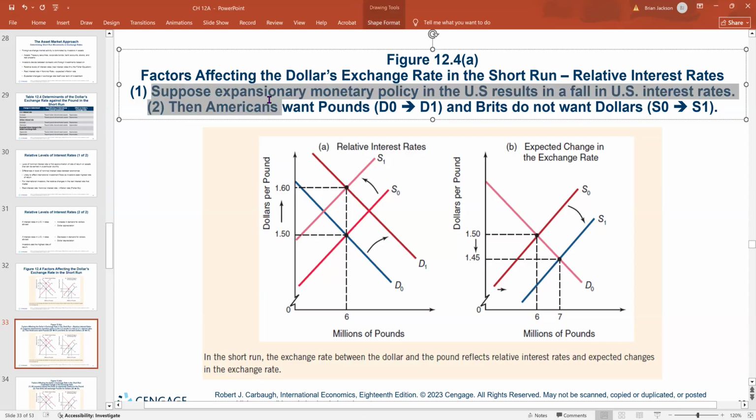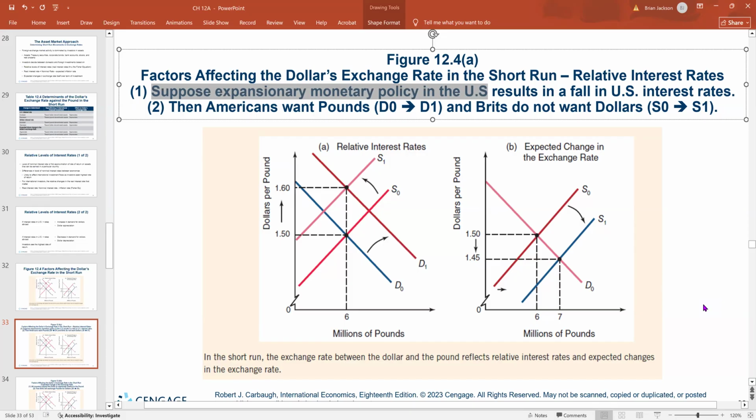Suppose there's an expansionary monetary policy in the U.S. Again, I said this earlier, but short-term movements like overshooting, especially in exchange rates, we'll talk about in a little more detail in a minute, can be the result of a sudden announcement by policymakers, be it the Federal Reserve, or the President, Congress, respecting, in the case of the Federal Reserve, monetary policy, or with respect to the government, it could be tax policy or some other fiscal policy.